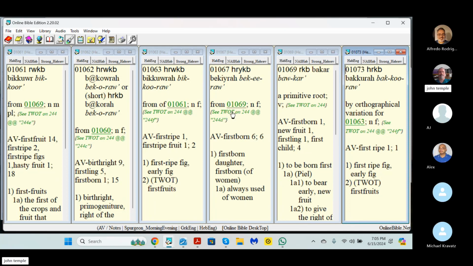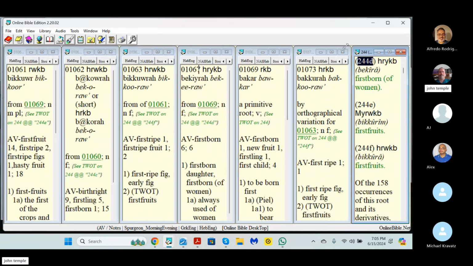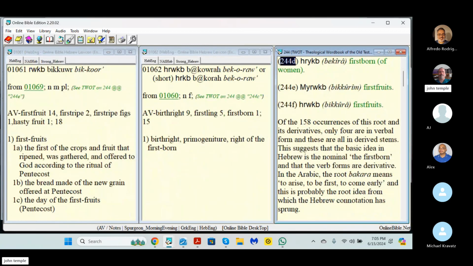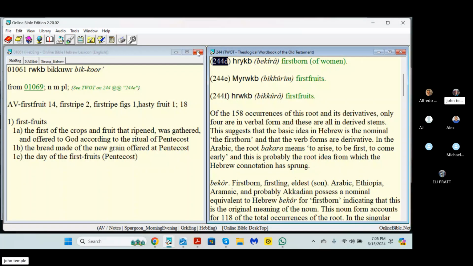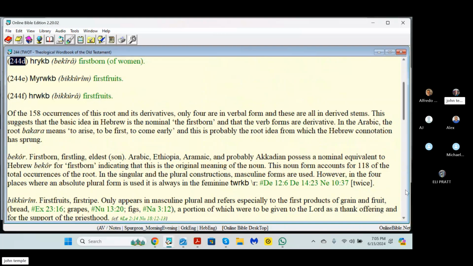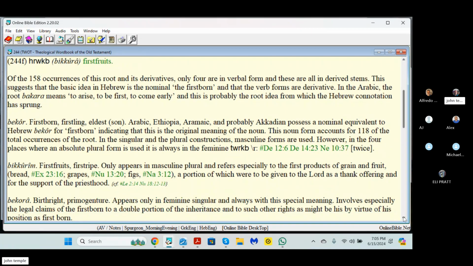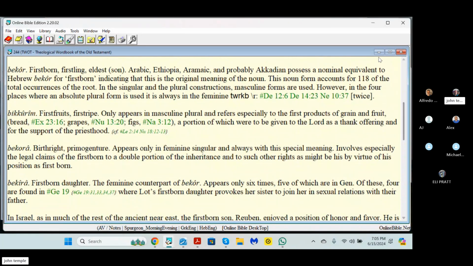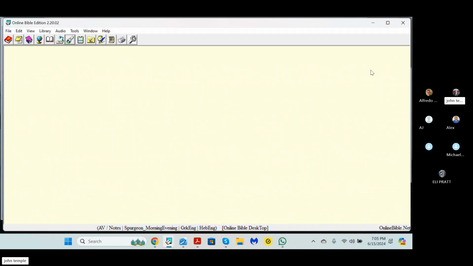And it's a lot of good stuff. And it's TWOT 244. All right. And I recommend that you read it and you get a good read in here. So I just wanted to put that up so you have it, if you ever go back and look at this. All right. I'm going to leave this up here. I think there was a 1060 and a 1062 also, but yeah, you'll figure it out.